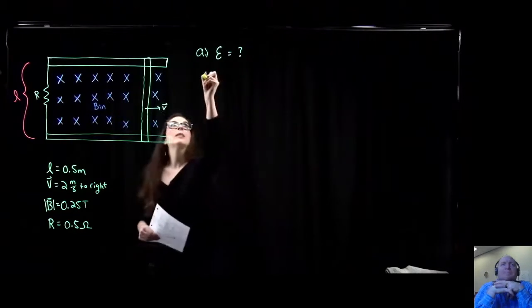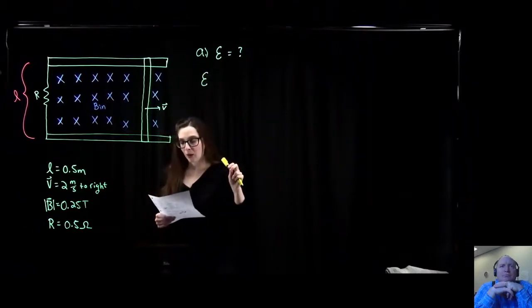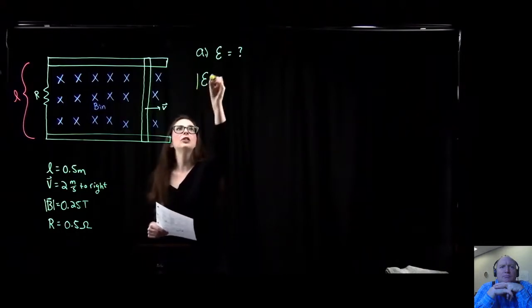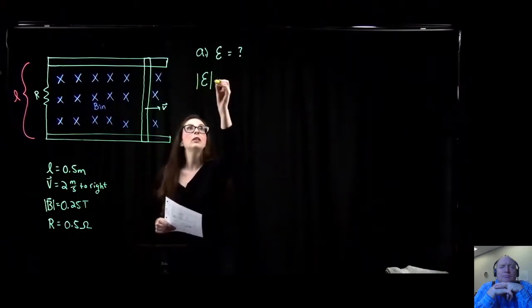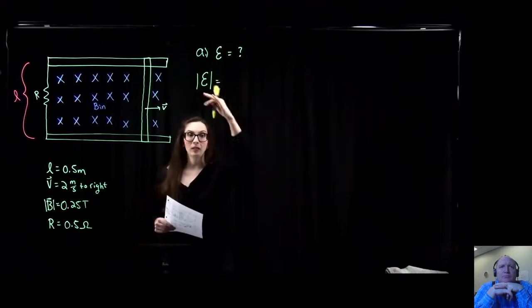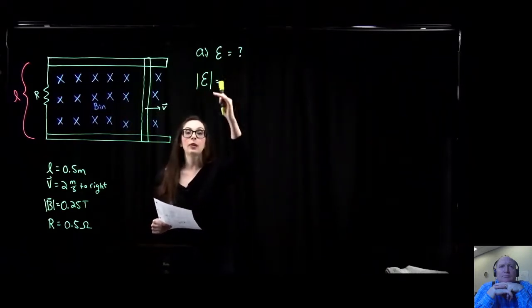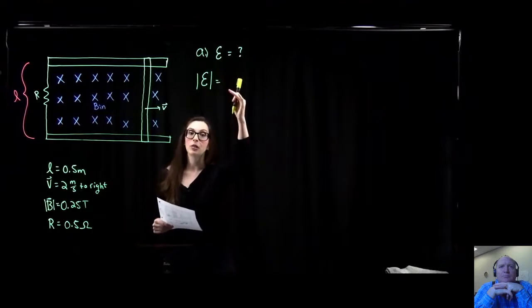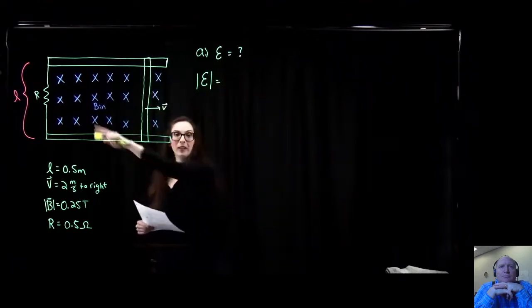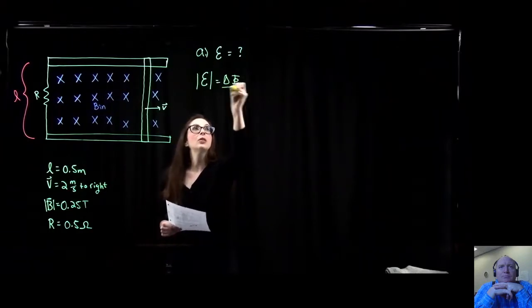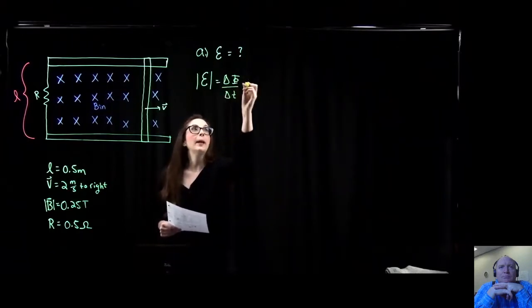If we just think about the magnitude of the induced EMF, so we're not going to put the minus sign in this equation, it's going to be equal to N, which is the number of turns of our loop, there's only one here, times the change in magnetic flux over the change in time.